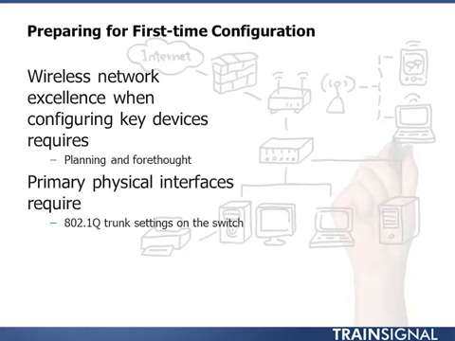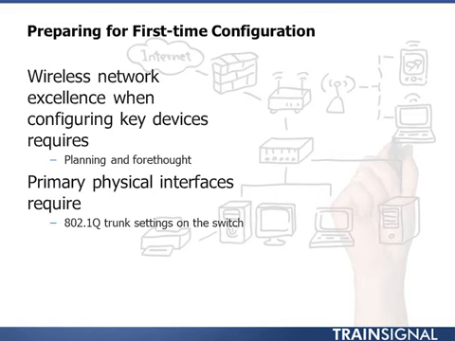And when you connect it to a switch, that switch needs to be configured as a trunk port, and it needs to be supporting the 802.1q encapsulation, because we're going to be setting up our wireless LAN on different VLANs and different SSIDs on different VLANs, and so we need some way of getting those tags to the wireless LAN controller. So you need to set up the switching interfaces as an 802.1q trunk to the port or ports on the wireless LAN controller. So what do you need to prepare?